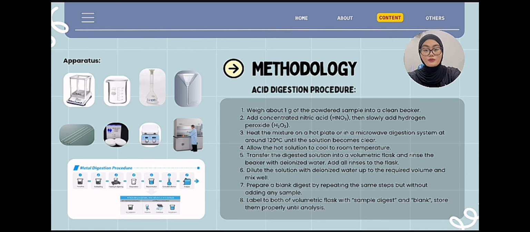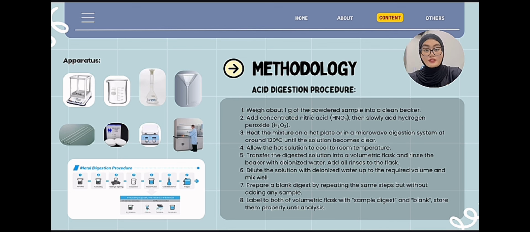Once cooled, we need to transfer the digested solution into a volumetric flask and rinse the beaker with deionized water. Add all the rinse into the flask. Then dilute the solution with the deionized water up to the required volume and mix well. Don't forget to prepare a blank digest by repeating the same steps but without adding any sample.